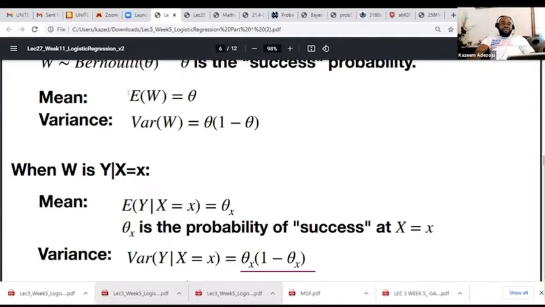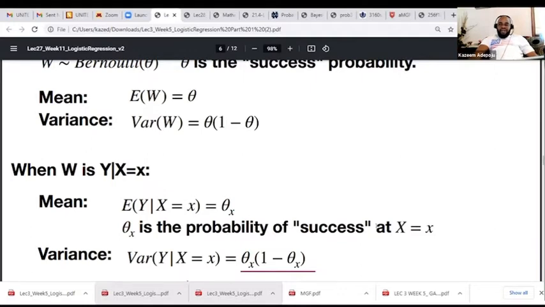Since we know that the mean of any Bernoulli random variable is theta, then for any given value of x, the mean of y is going to be theta of x, where theta of x is the probability of success at that particular value of x.